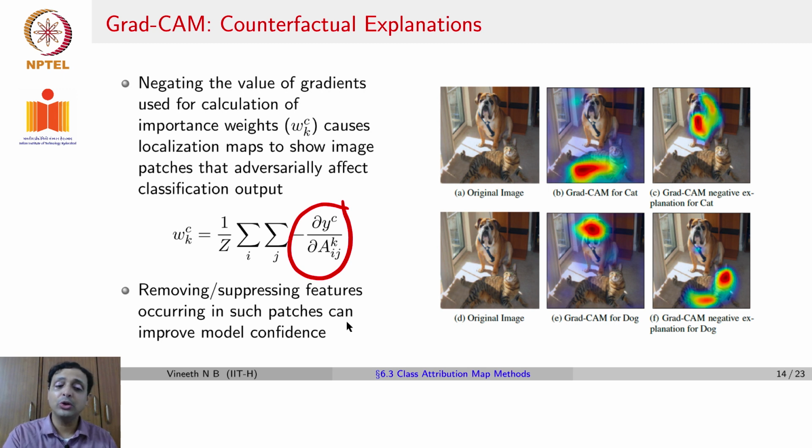And eventually, how do you use this? You can remove or suppress these features in some way to improve the confidence of the model if you would like to use it in that particular way.